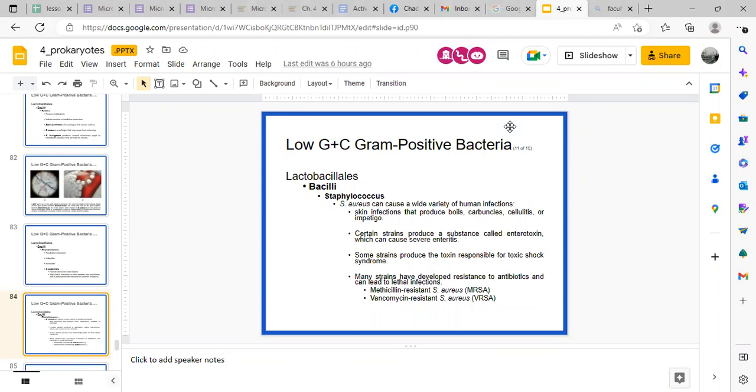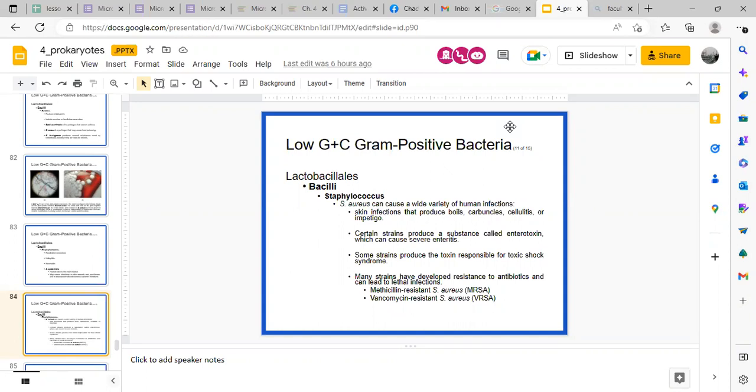S. aureus can cause a wide variety of infections, including boils, carbuncles, cellulitis, and impetigo. They can produce a toxin, enterotoxin, which can cause severe enteritis. Some strains produce the toxin responsible for toxic shock syndrome.